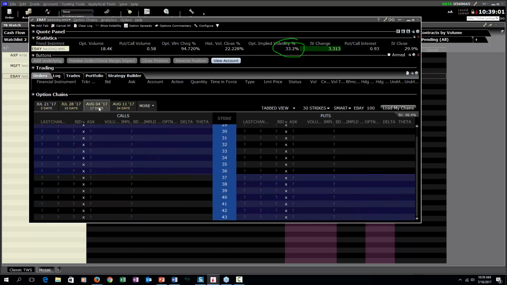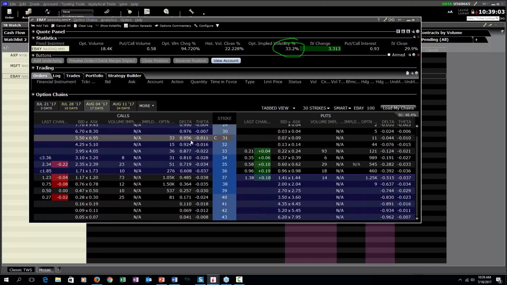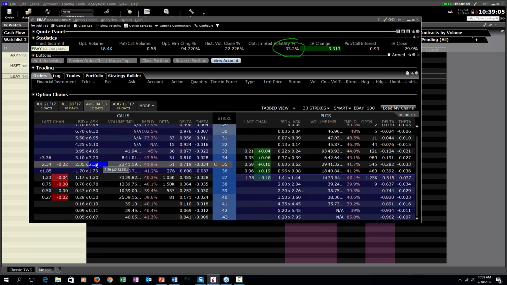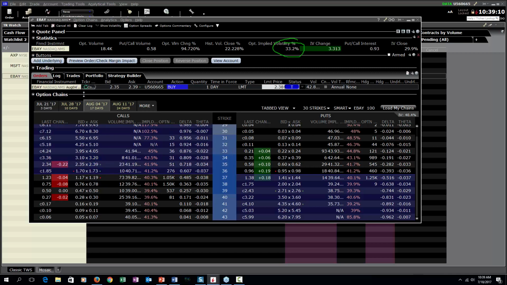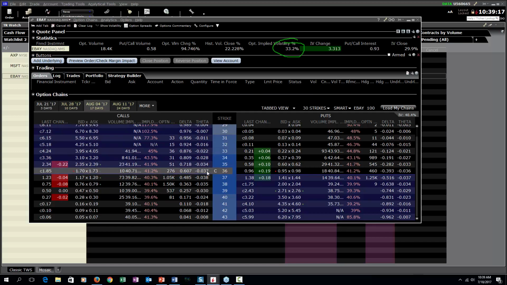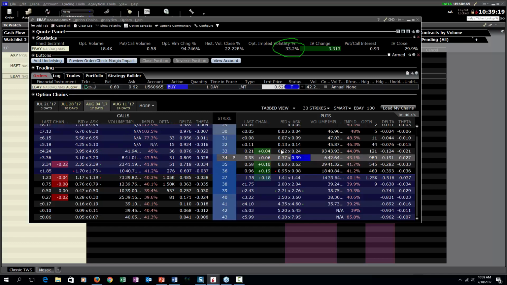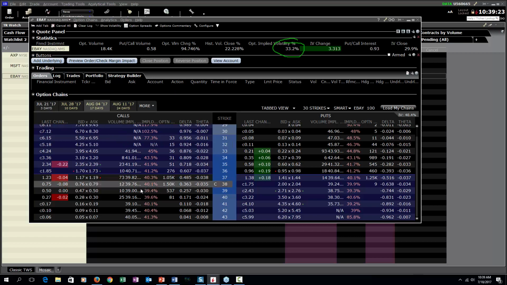So let's say we went to August 4th. If I'm bullish and I think the implied's too low, I could buy a call option. Okay, I buy the 35 strike call. If I'm bearish and I want to profit from implied volatility, I could buy a put, right? That's an obvious answer.